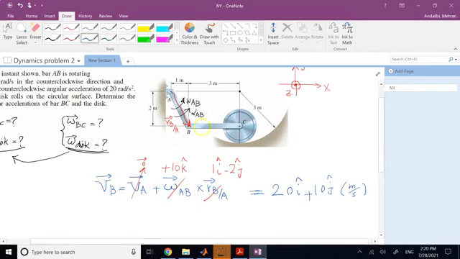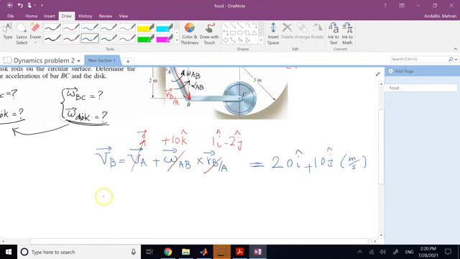Now that you have v of b, you can go to member BC because you know velocity of one point in it. So now you can say v of c is equal to v of b plus omega of member BC cross r of c with respect to b, where v of b you just found, so this guy is 20i plus 10j.